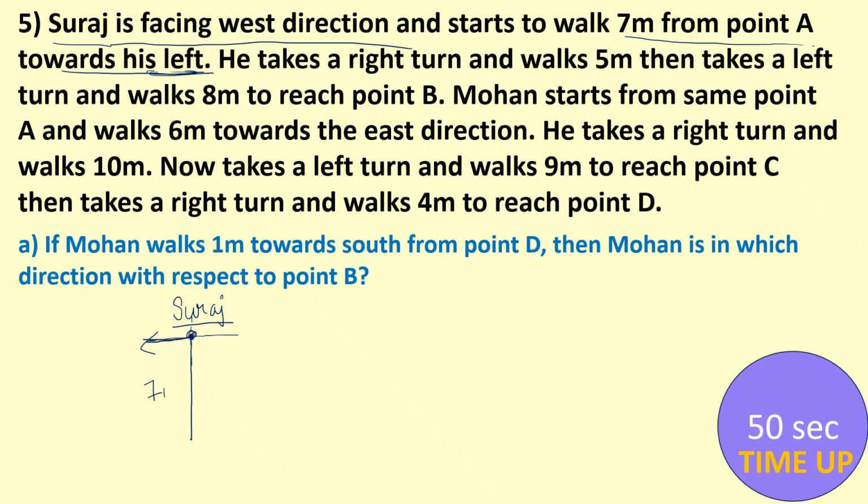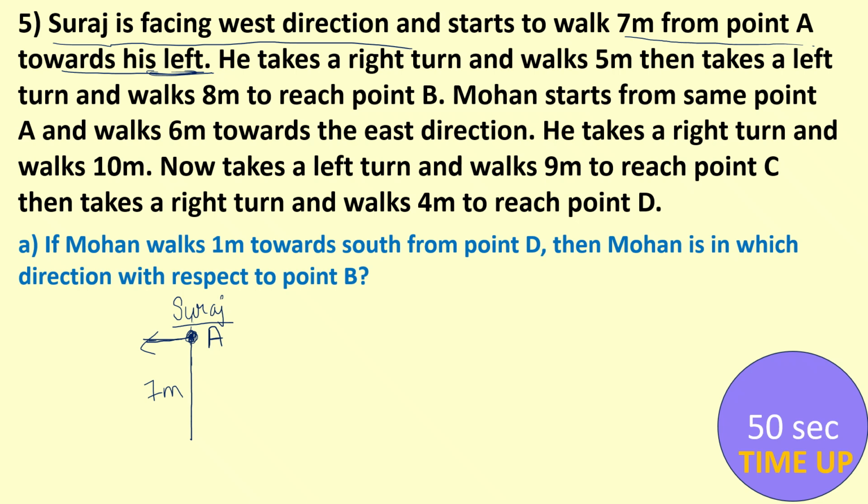So 7 meter. He starts from point A, so here I'll mark this as A. Suraj is facing west and he walks to his left, downwards, for 7 meter from point A. So I'll draw like this.